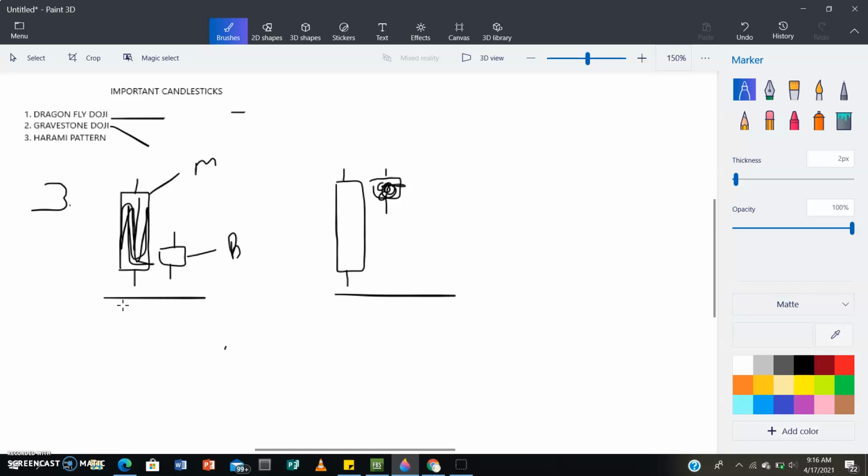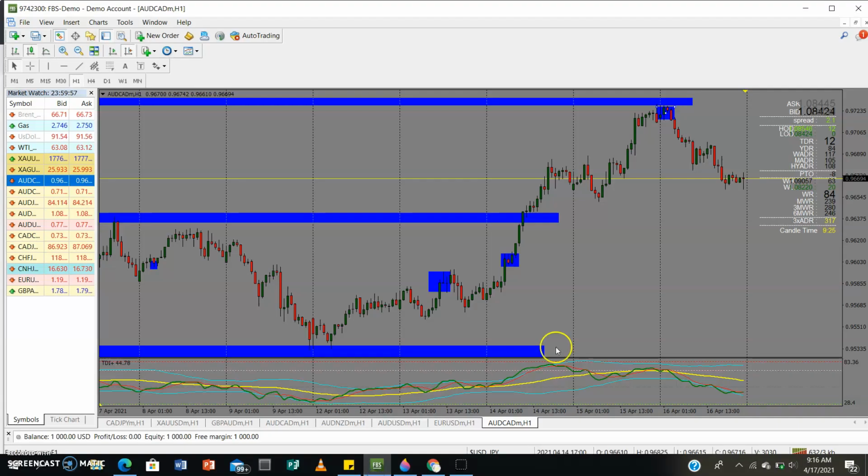So they can be used in different ways, and if they happen in an uptrend or in a downtrend, we consider that as a continuation in the market. But if one of these happens at the top of an uptrend or at the bottom of a downtrend, we now have a signal for a reversal. What do I mean by that? Let's go to the charts.